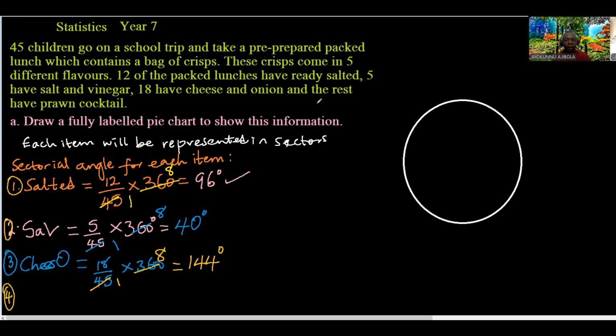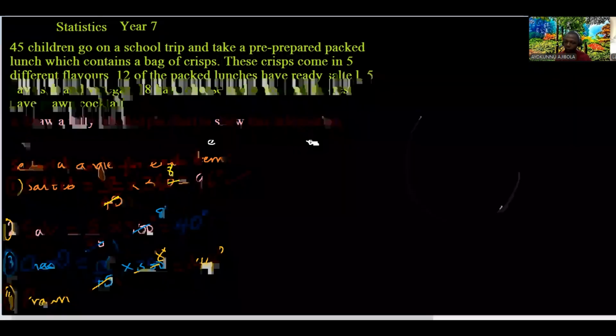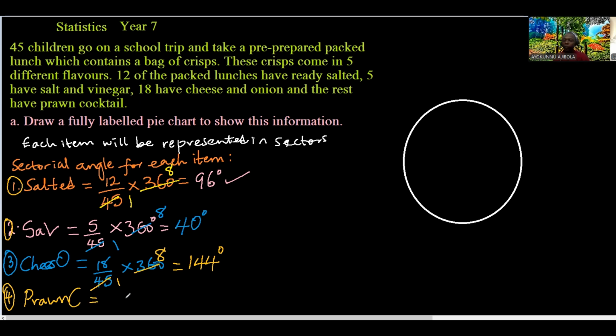The rest are crown cocktail. So, crown cocktail. No, let me write that again. For crown cocktail, we're going to have to add all the numbers and take away from 45. So, what are the numbers we have?